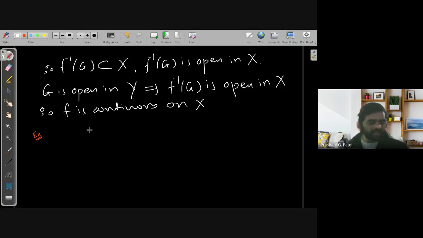Can we say that the image of an open set is open? That is the question, under the continuous map.